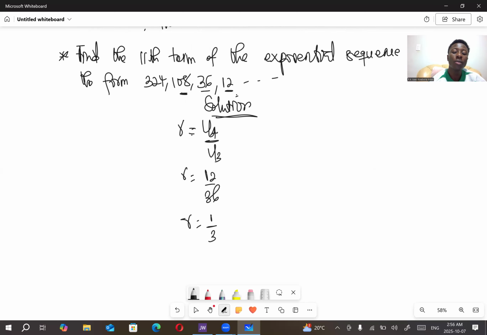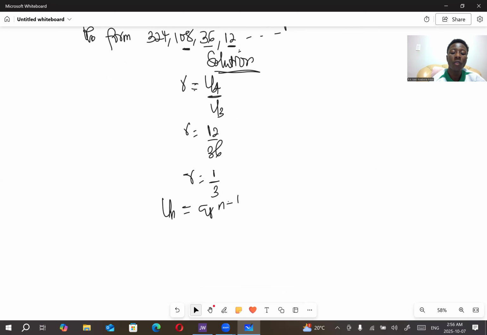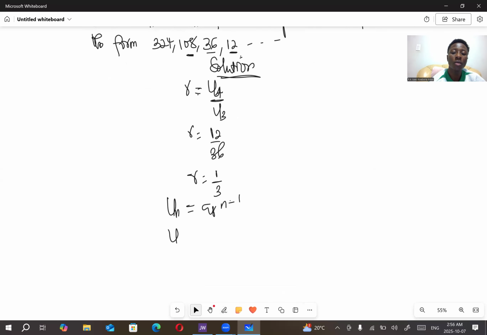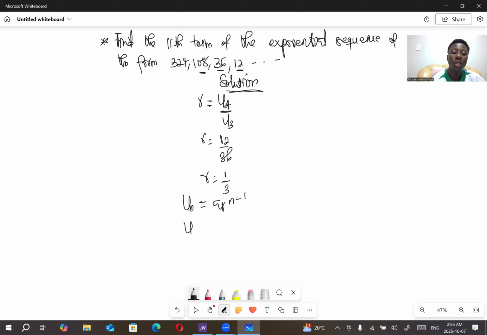Give me the formula. Un equals a times r to the n minus 1. So you have to find 11 minus 1, 10. So that'll be U what? U11.